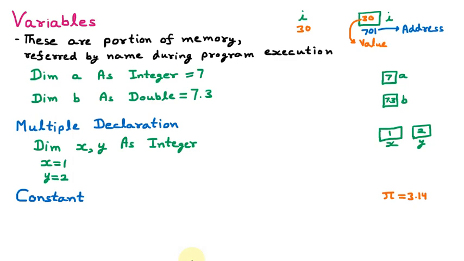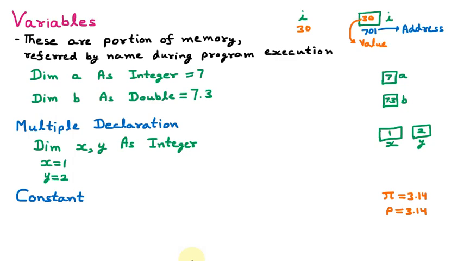Or let's say I am going to store this value inside p, so p is my variable, and I want this 3.14 to be stored inside p, and I assume that this p is for pi. Now this pi has to be made constant so that this value does not change. Such variables are called constants.